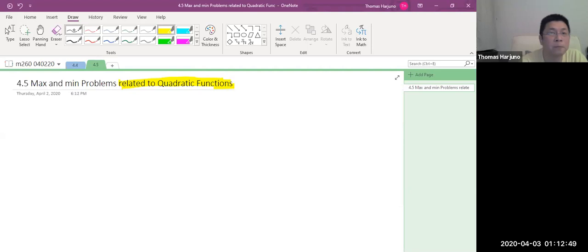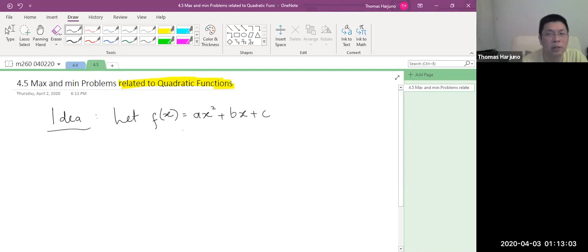Here's the idea. Let f(x), a function of x, have the quadratic pattern ax squared plus bx plus c.